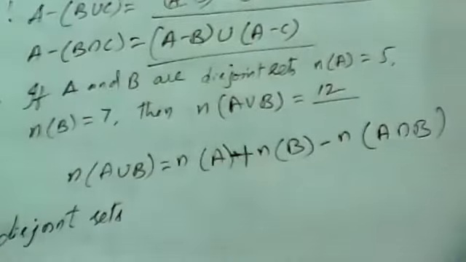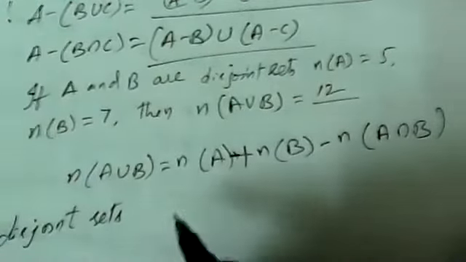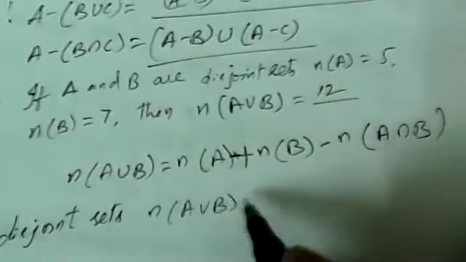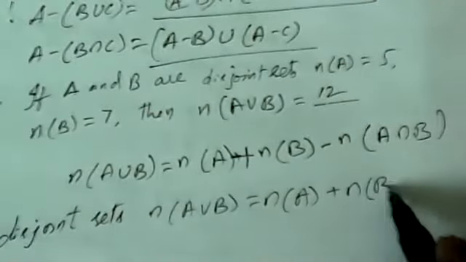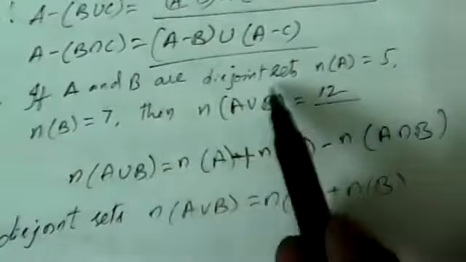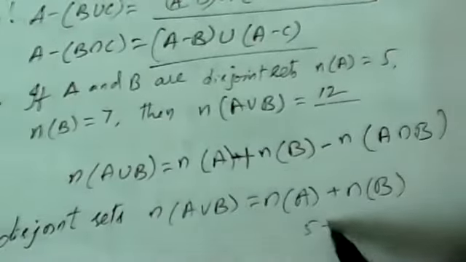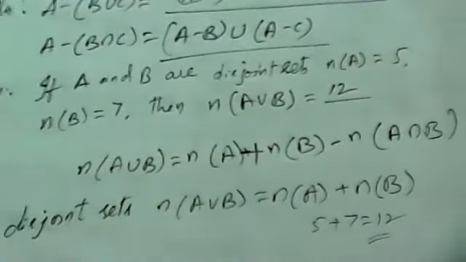So n of A union B is equal to n of A plus n of B. In the previous problem, for disjoint sets, n of A plus n of B, that is 5 plus 7, how much do you get? 12. Okay, so this is what we have.